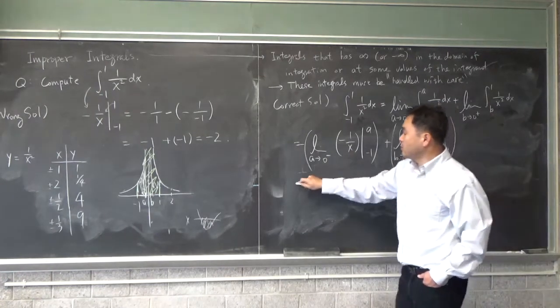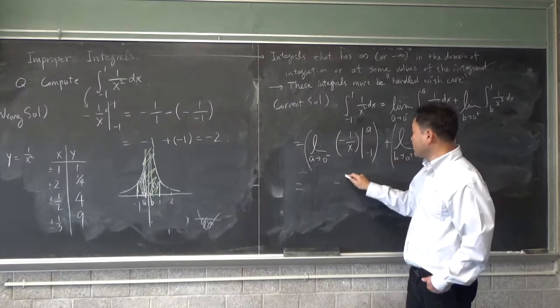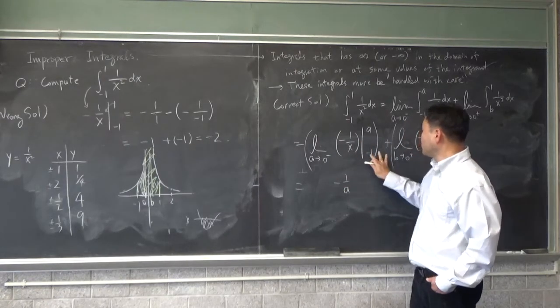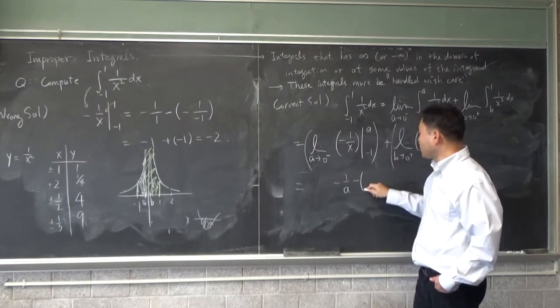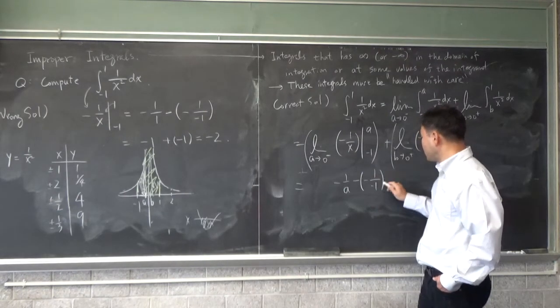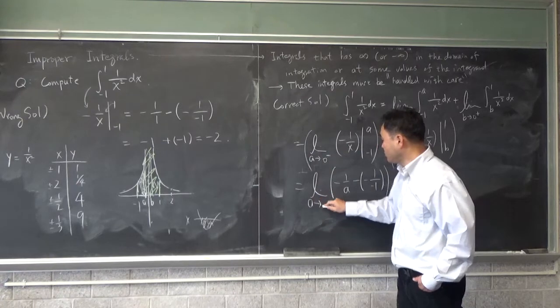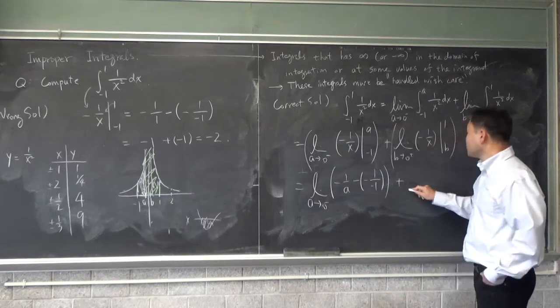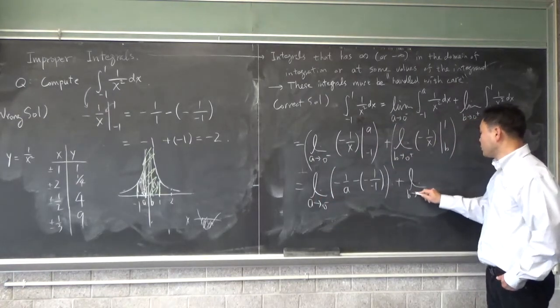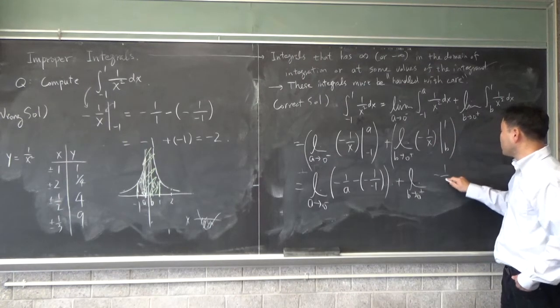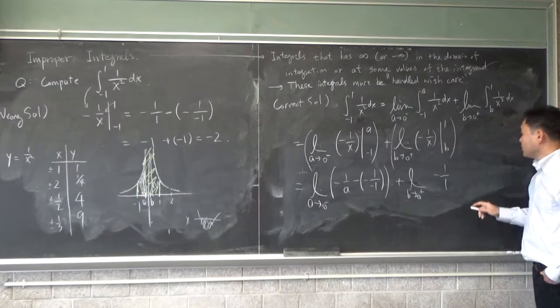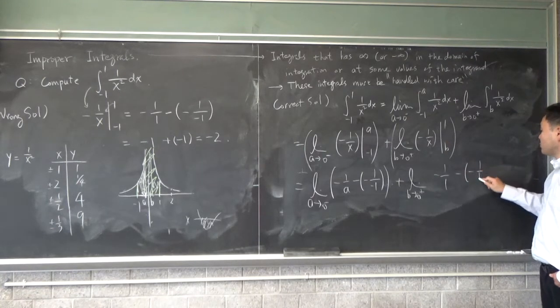And then if you plug in a, that's -1 over a. When you plug in -1, you have to subtract -1 over -1. And you send a to 0 minus, plus the limit b going to 0 plus. You plug in 1, that's -1 over 1. When you plug in b, you get minus -1 over b.